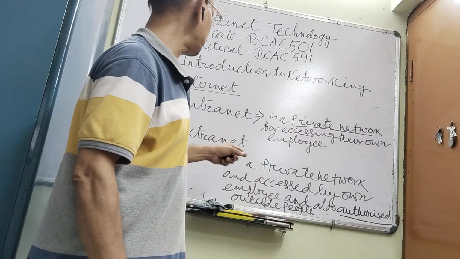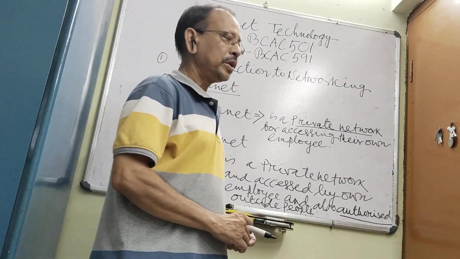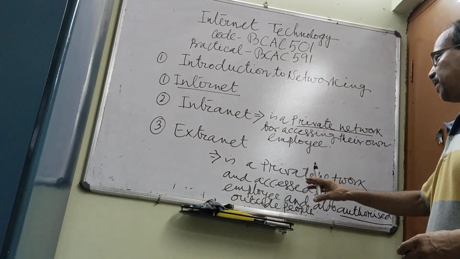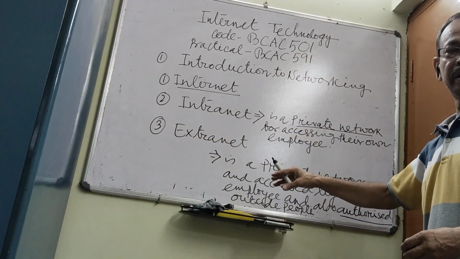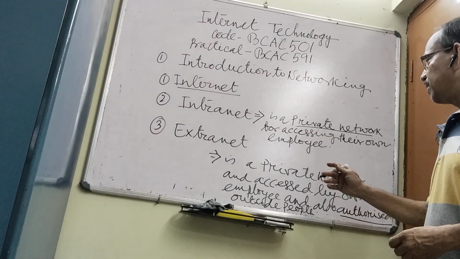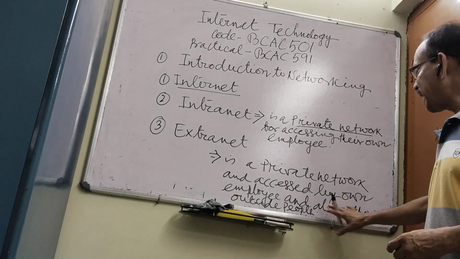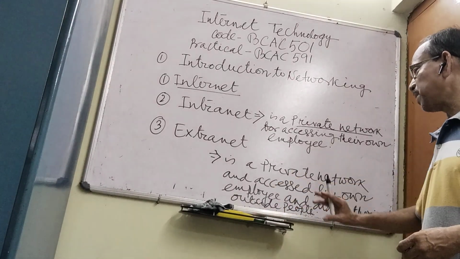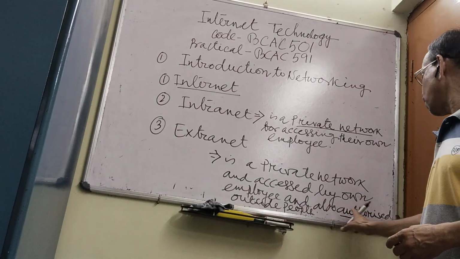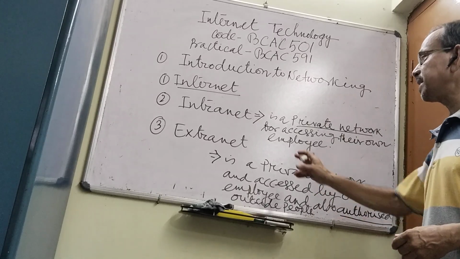As for example, Flipkart, Amazon: their employees can access, and we, the outside people, can also access. But we need a username and password; if they authorize us, then we can access. That is the extranet.